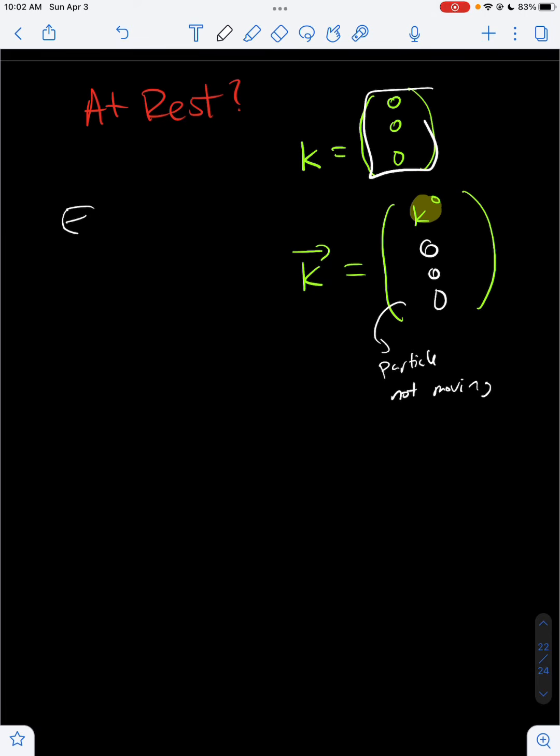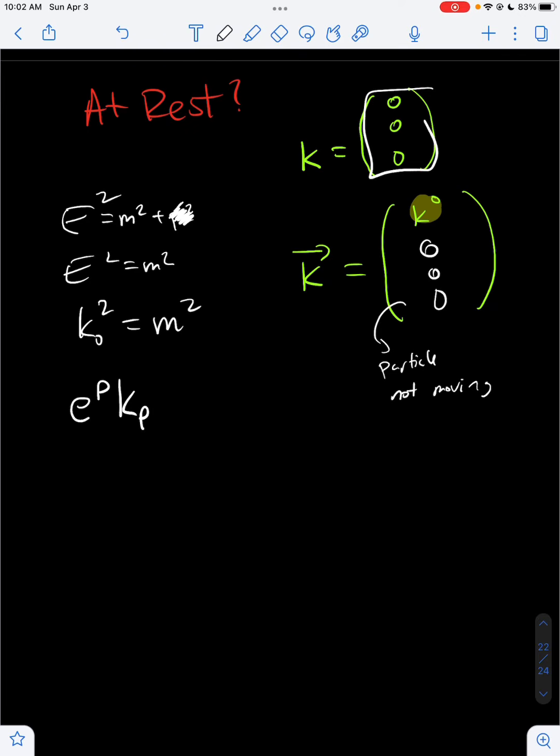Now, since E squared equals m squared plus p squared, and there's no motion, this means that p goes to 0. So we get E squared equals m squared, or better said, k naught squared equals m squared. So since k naught squared equals m squared, we can just plug this into our equation that said that E rho k rho equals 0, which means that E naught k naught is going to be equal to 0, right?